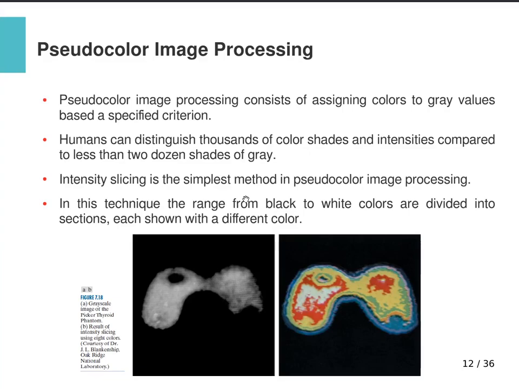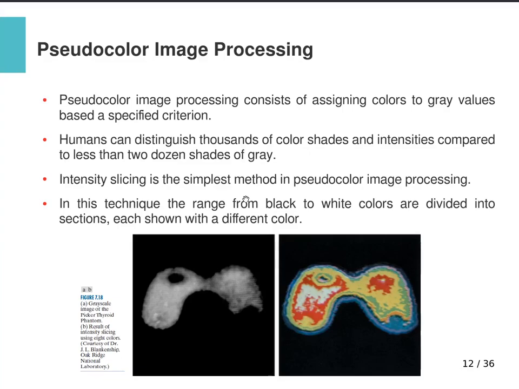The reason is that humans can distinguish thousands of different color shades, while if we are only considering grayscale values, humans can only detect and distinguish around 24 shades of gray. Because of that, in some applications, it's better to convert the grayscale image into a pseudocolor image for better visualization.